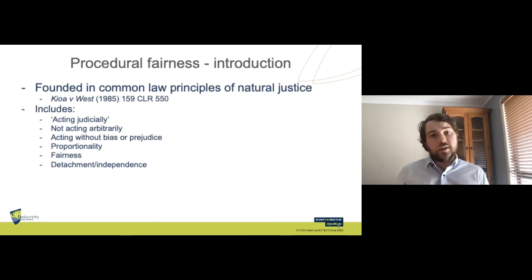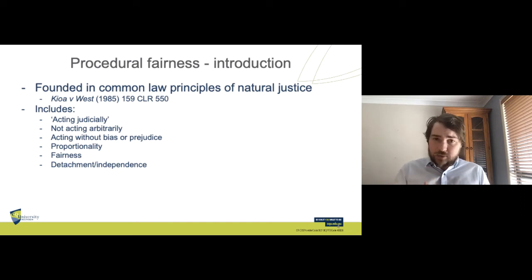So let's start with an introduction to procedural fairness. And as I've said, it's founded in these common law principles of natural justice, which includes these notions of acting judicially, so reviewing evidence that's presented before it and determining a dispute between two parties.